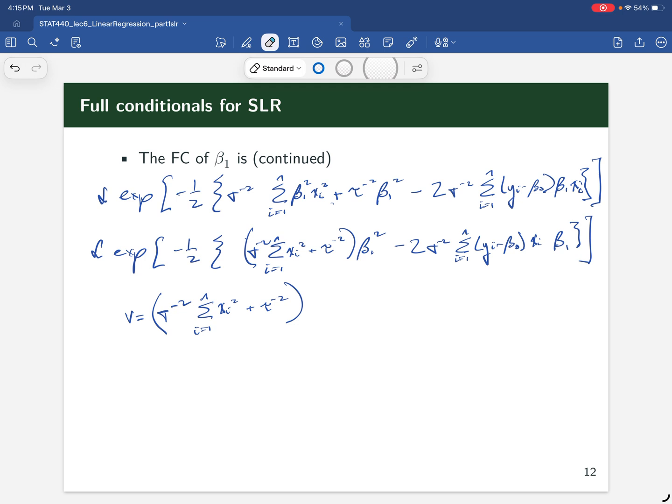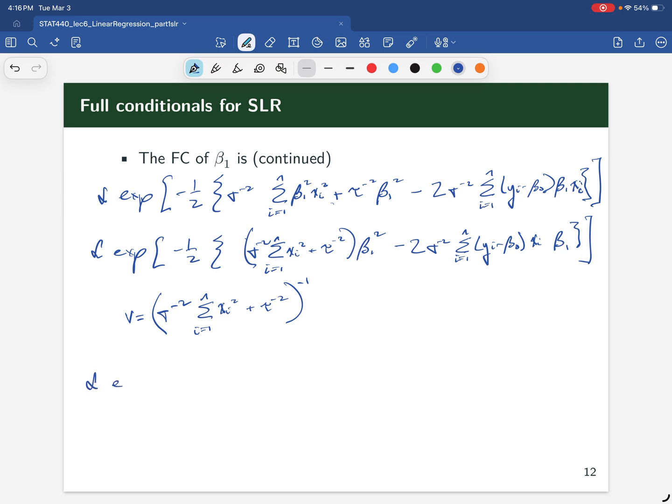So let me go ahead and write it that way. Maybe it's clearer to see. This expression above, this whole line here, I'm going to write this way.